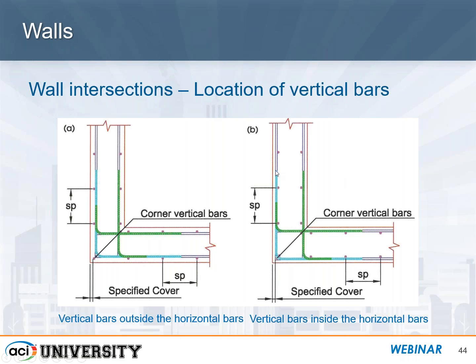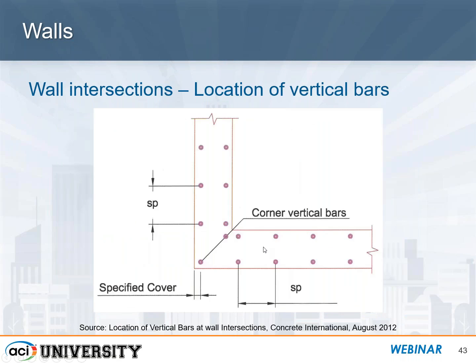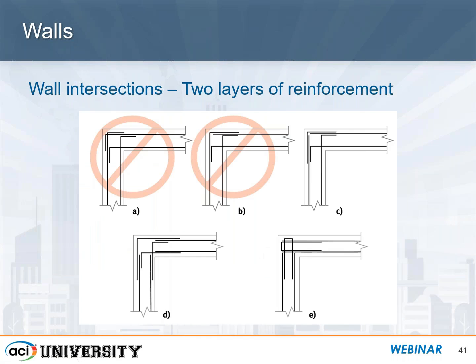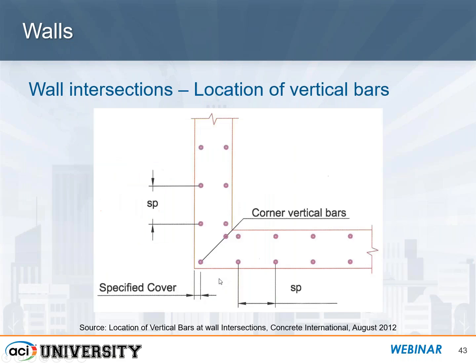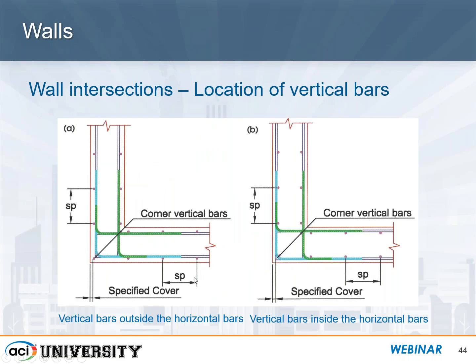Is it one of these arrangements that they're talking about? Yeah, more like D, but instead of extending those, they're trying to use a corner bar for the inside corner and the outside corner. I see. I believe that's what he's asking.